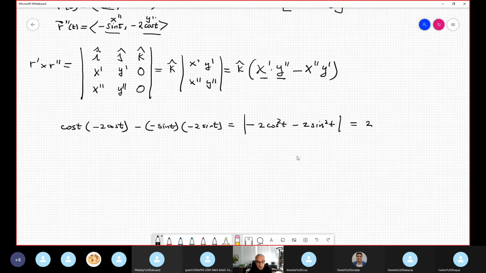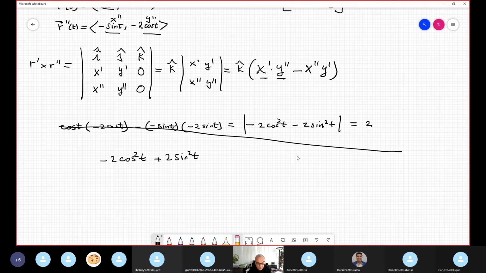But in my paper, I get this: minus 2 cosine square t plus 2 sine square t. So the answer is 2 parentheses sine square t minus cosine t. I didn't calculate, no? I don't know exactly what happened here.